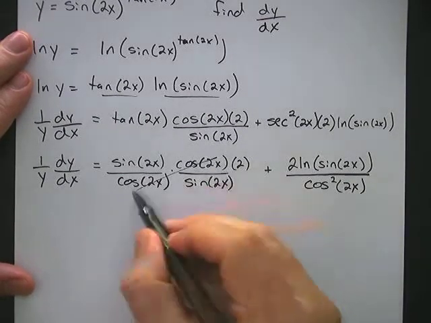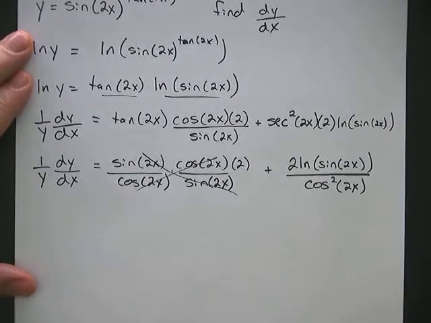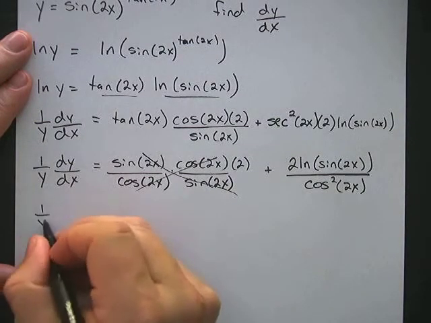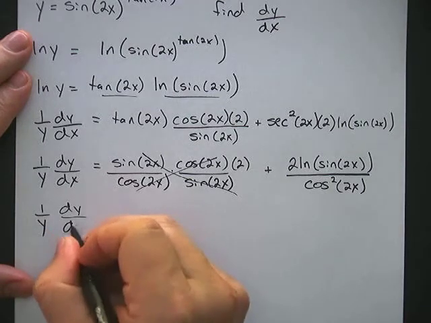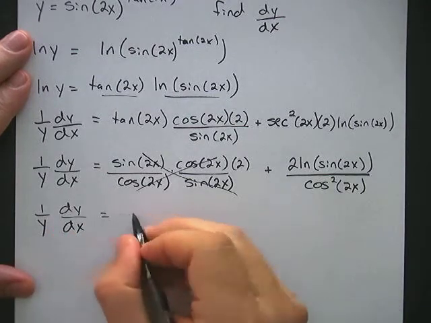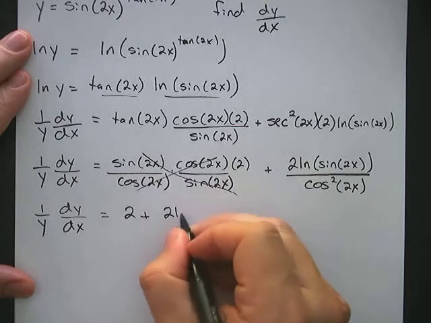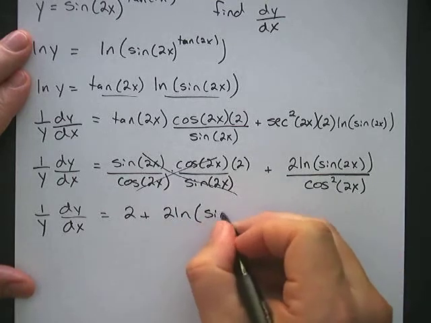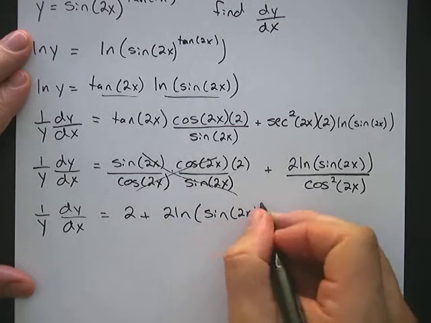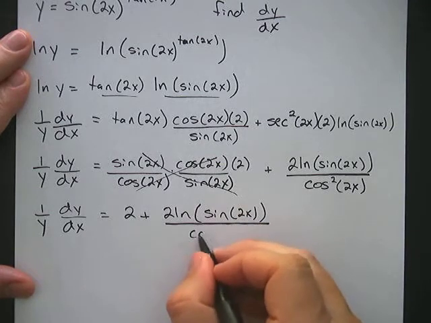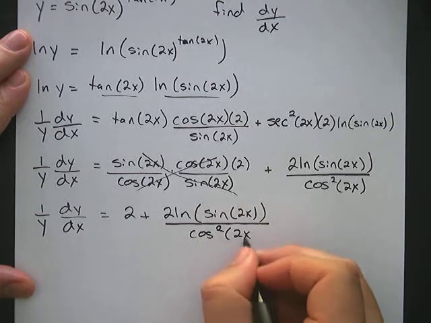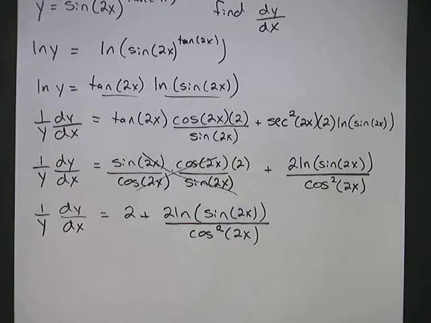So this cross reduces and it leaves nothing but a 2 there. So we've got 1 over y dy over dx equals 2 plus 2 ln of sine 2x over cosine squared 2x.